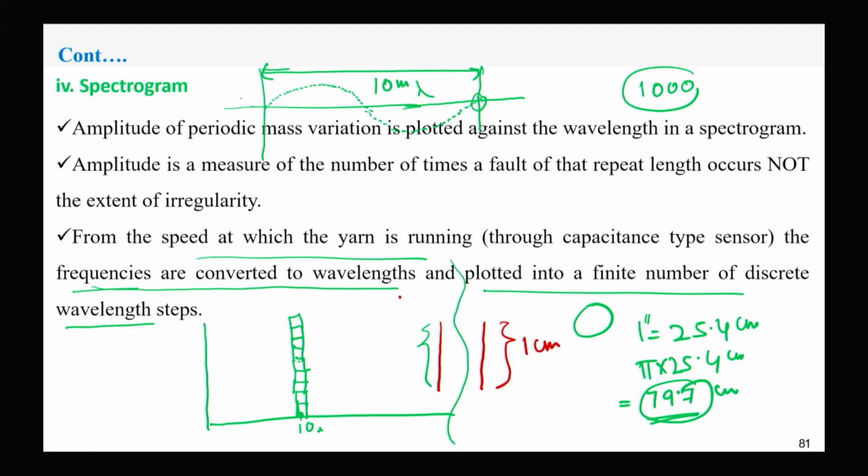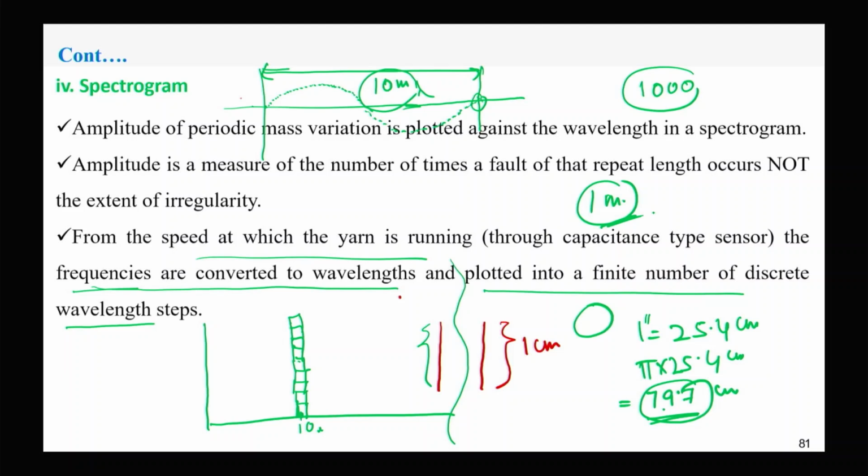Okay. It has also been observed that a spectrogram can have multiple peaks. This is called peaks or chimneys. Multiple peaks: suppose along with the 10 meter, another fault has occurred at 1 meter, because it's not necessary that only one roller will be eccentric; one pinion tooth may be broken. So there can be multiple faults.